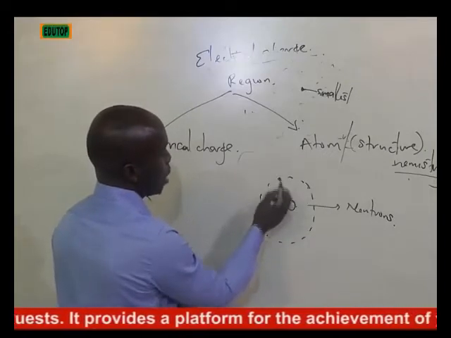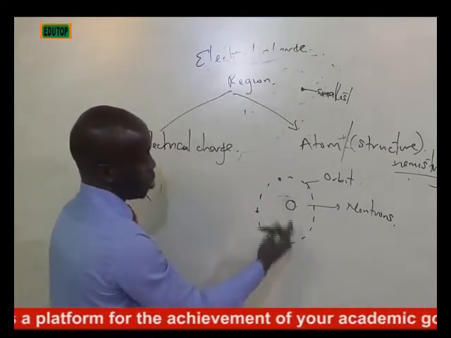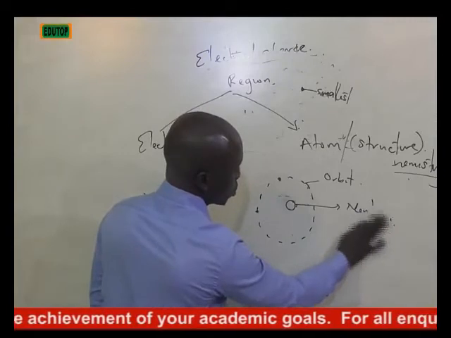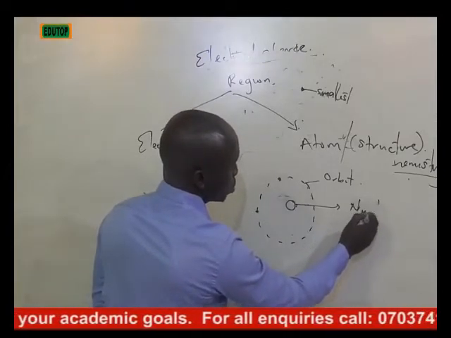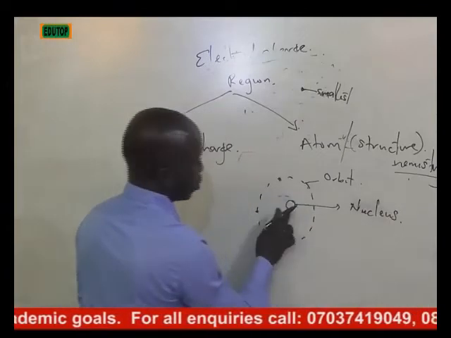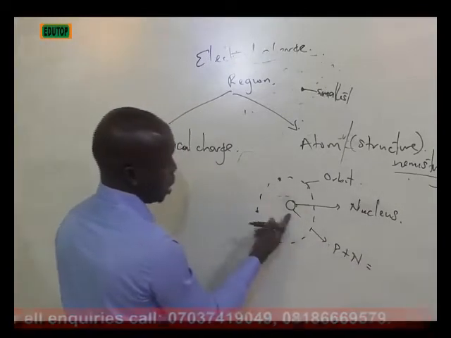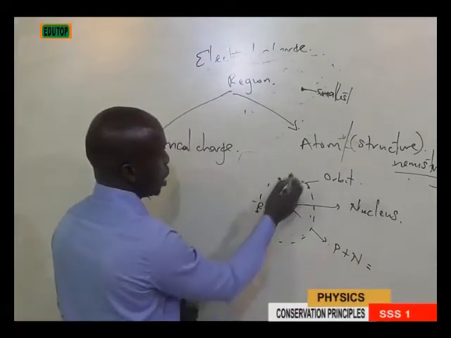This particular region is what we call your orbit. This one here is the nucleus. At the nucleus, you have a combination of your proton and neutron, and at the orbit we have your electron.